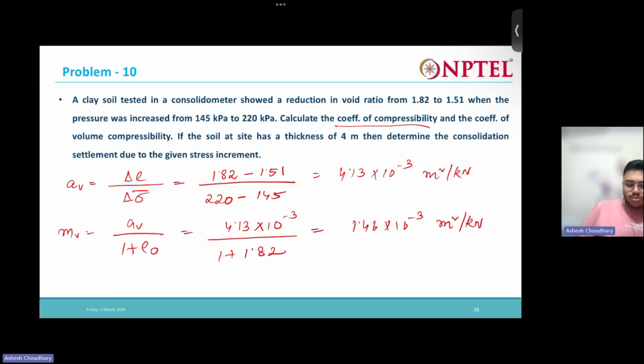Now see, previously we found out the consolidation settlements when Cc, the compression index, was given. Now if we have the coefficient of compressibility or the coefficient of volume compressibility, how do we find out the consolidation settlement? See how to do that.